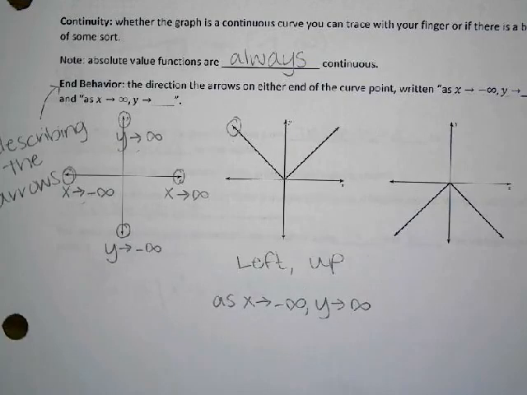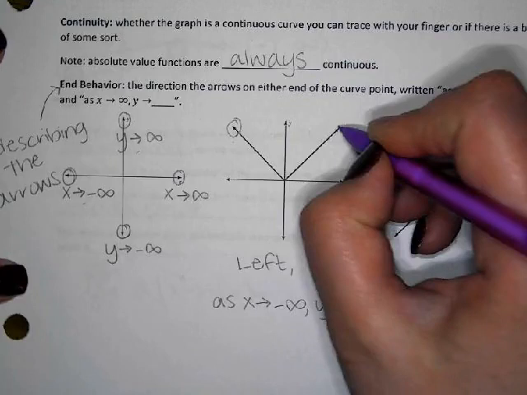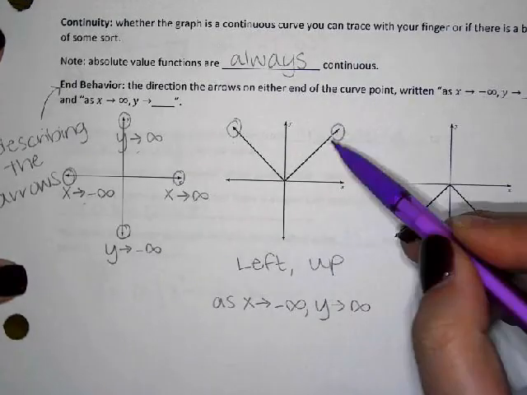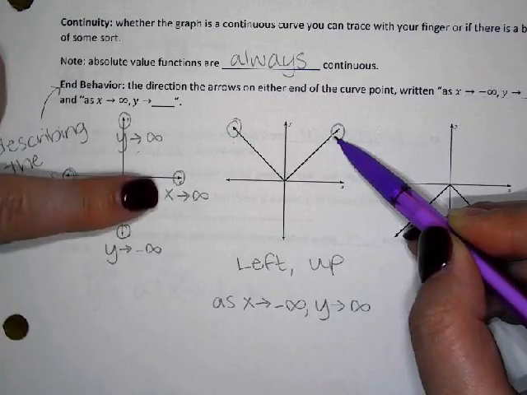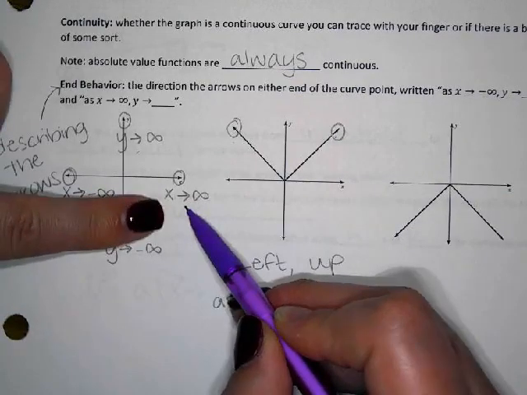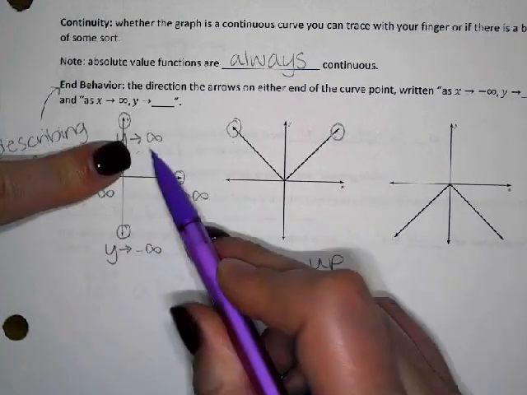The other arrow goes to the right and also goes up. So for this one, we're going to look at the right and up. So we're going to say, hold on, let me write that as well.